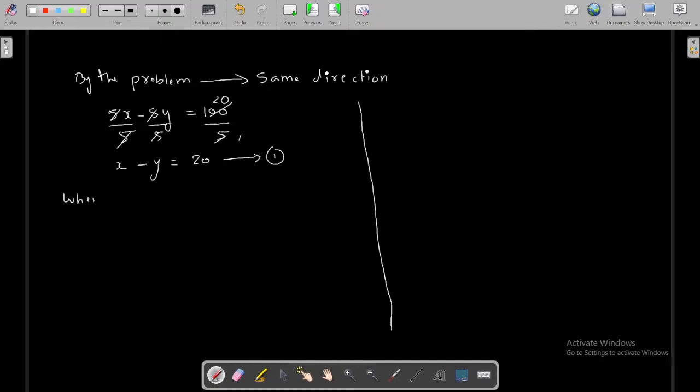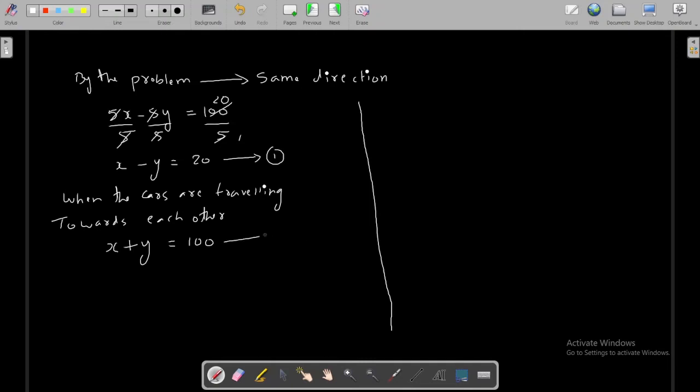When the cars are traveling towards each other, we will get the equation x plus y is equal to 100.